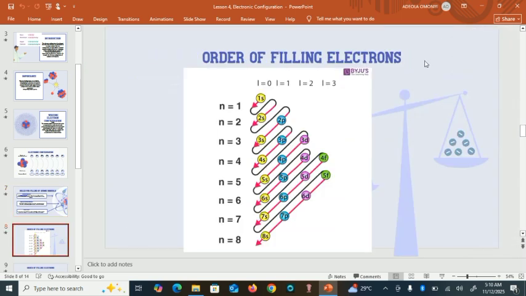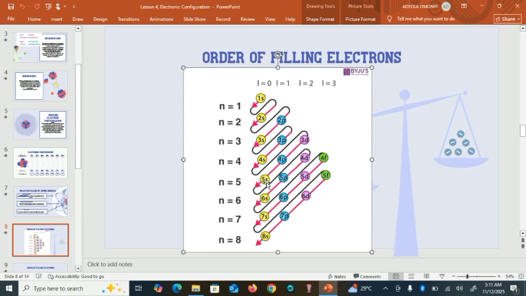This is the order of filling electrons. You have n equals 1, the 1s, 2s, 3s, 4s, 2p, and so on and so forth. So this gives rise to 1s, 2s, 2p. Can you see the direction? From 1s, 2s, 2p, 3s.